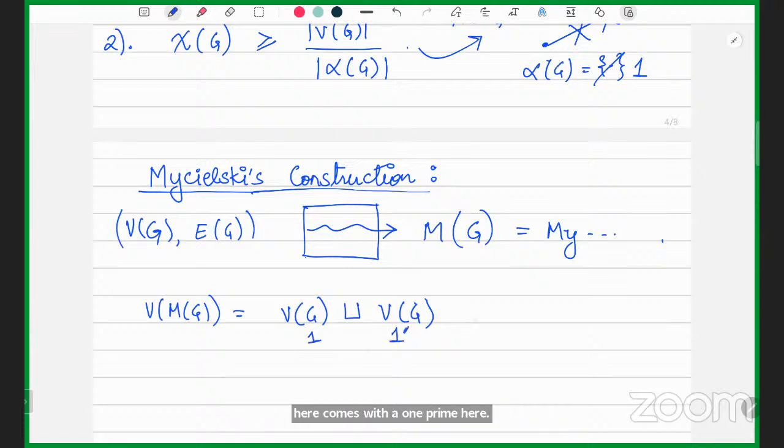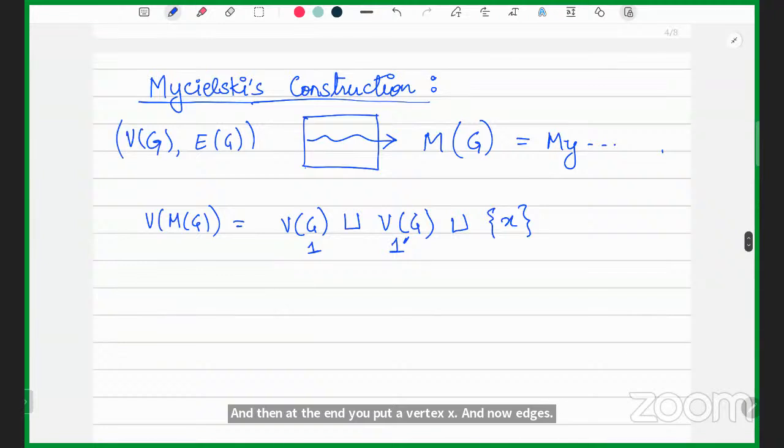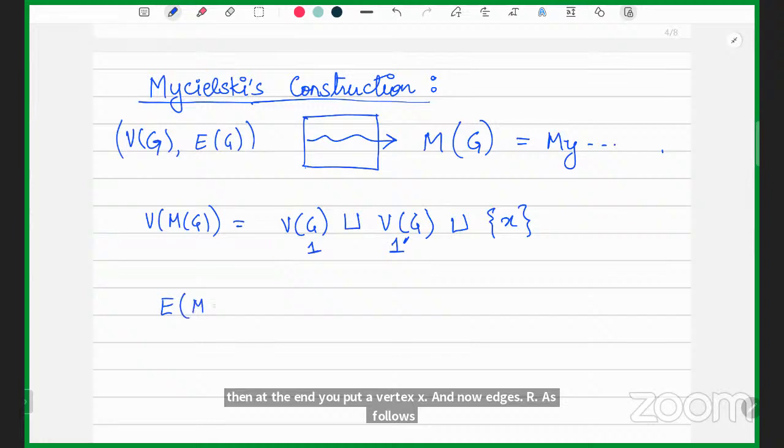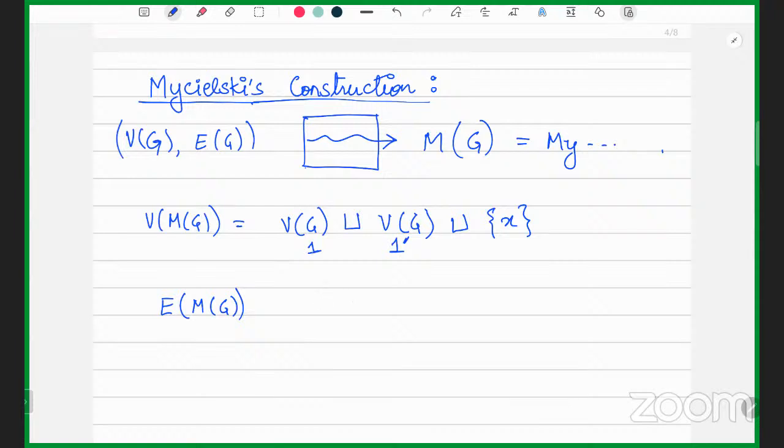And then at the end, you put a vertex X. Now edges are as follows. Let me call this the first copy of G and this the second copy of G.